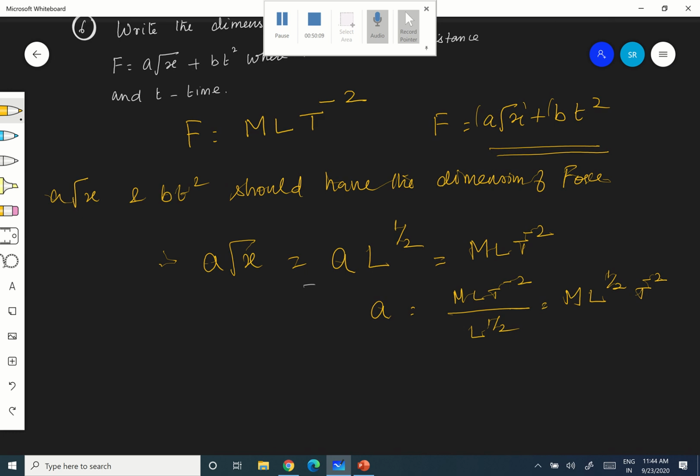Next term, b t squared. What is the dimension of b t squared? b times T squared, T being time, should once again be equal to force, that is M L T power minus 2.